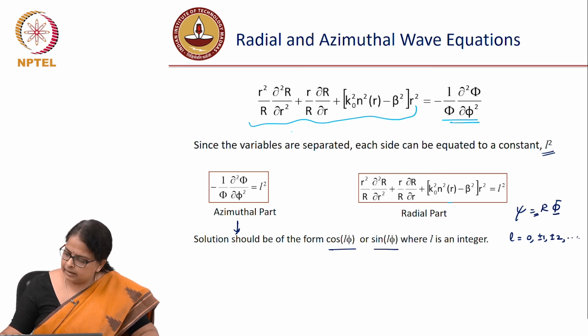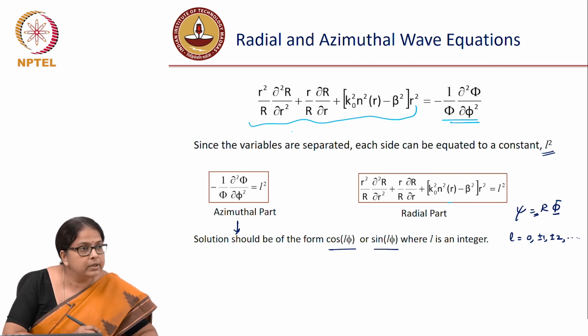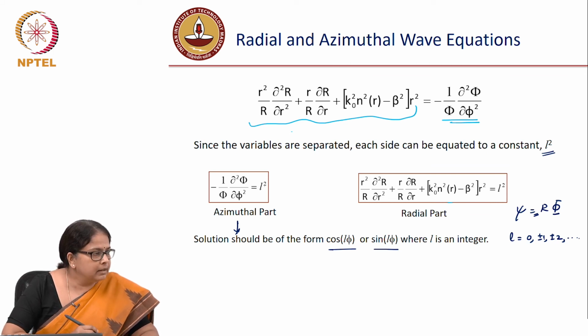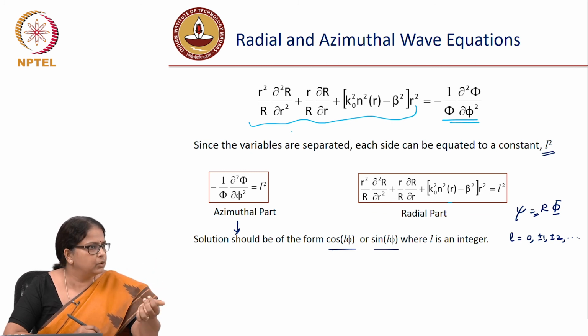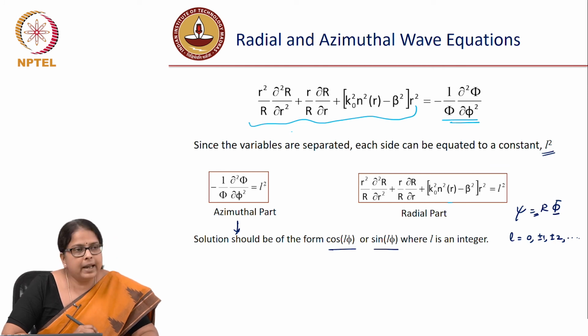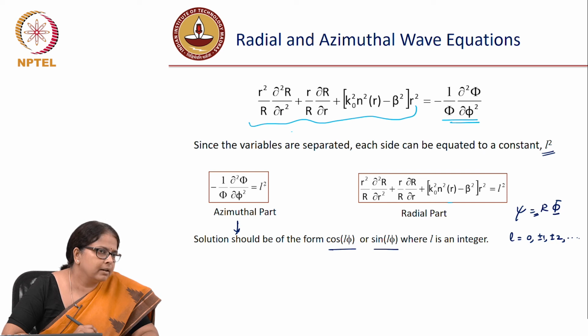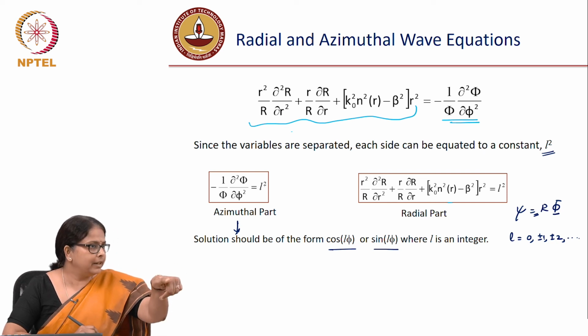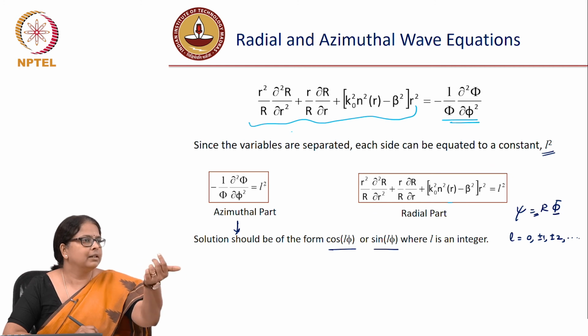Right. But plus minus 1 and plus minus 2 may give you the same solution, in the sense that it will be minus sin L phi, or it will change only in sign, it will change only in phase, the form of the solution remains the same. But for L equal to 0, what is the solution I have? What does it mean? I do not have any azimuthal dependence.